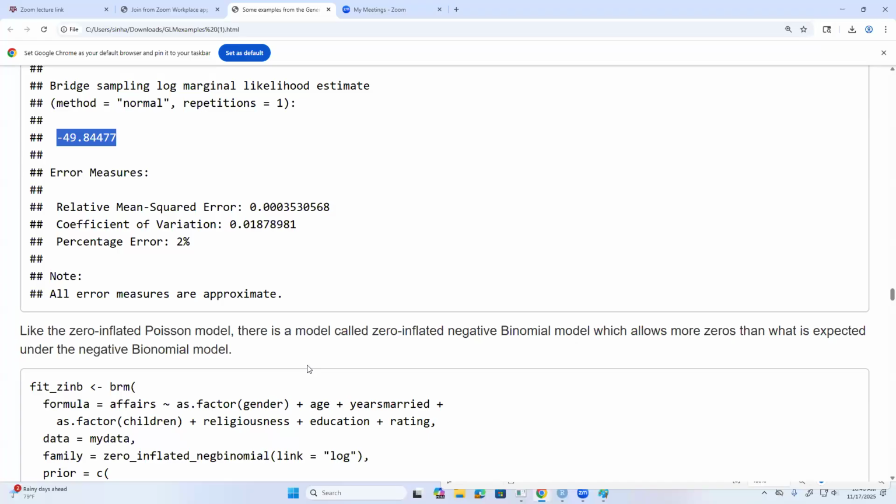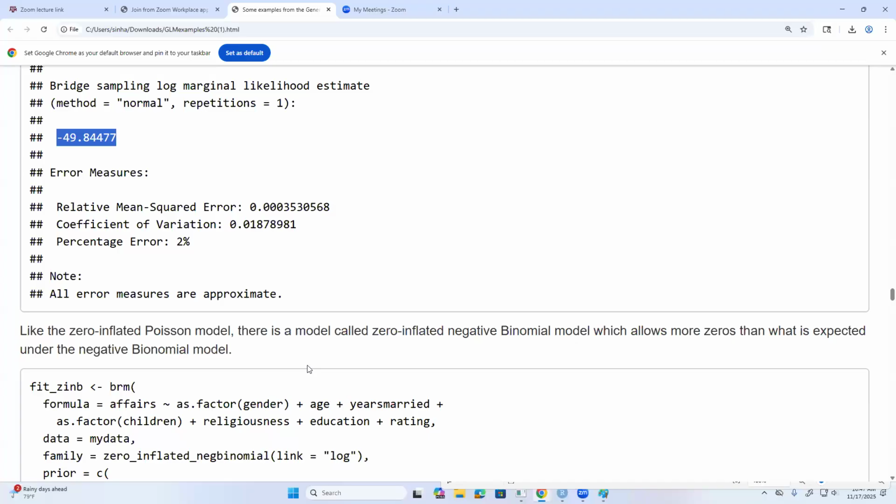Now one may wonder, if you have more zeros, to capture those extra zeros, can you not make the rate parameter, for example for the Poisson distribution, smaller, which will capture more zeros, right? Yes, you can do that, but that will also decrease the probability of non-zero values. But in your data, you have some non-zero values.